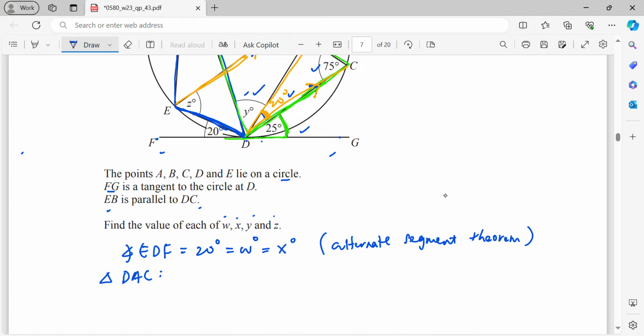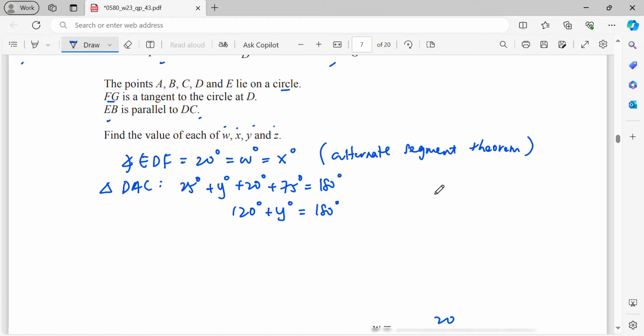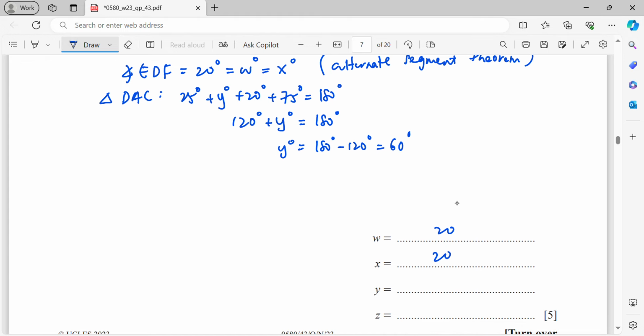So I will write 25 degrees plus Y degrees plus 20 degrees plus 75 degrees equals 180 degrees. The total of the three angles on the left-hand side will be 120 degrees plus Y degrees equals 180 degrees. Therefore, your Y degrees is 180 minus 120, which is 60 degrees. So from here I found my Y is 60.